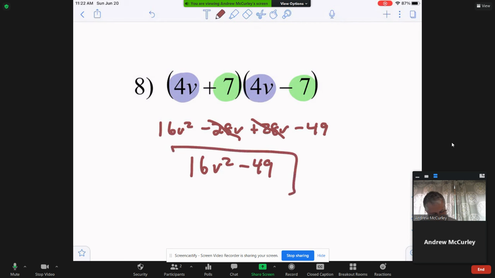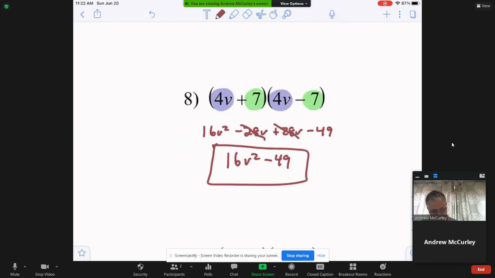This piece is called a difference of squares pattern. Those are conjugates, and when you take two conjugates and multiply them together, you get a difference of squares. We see this pattern all over the place in mathematics. So it's important that you know it, and you can even save yourself some time.